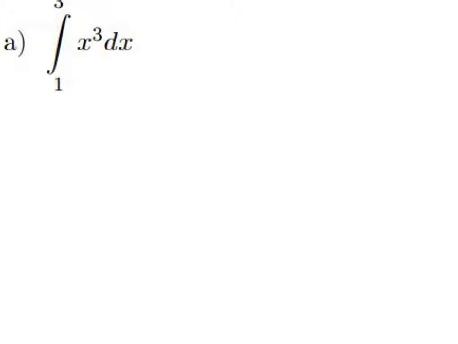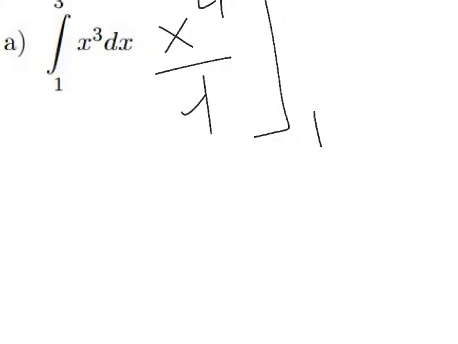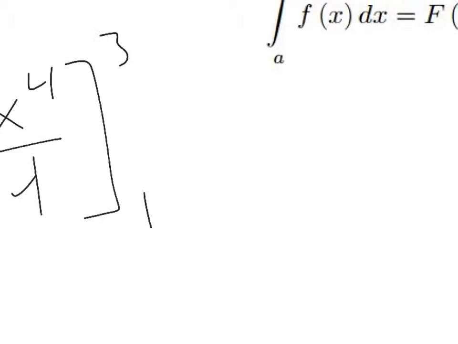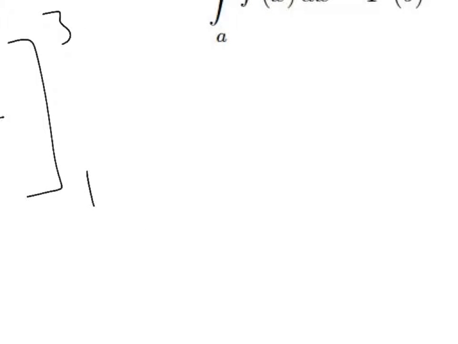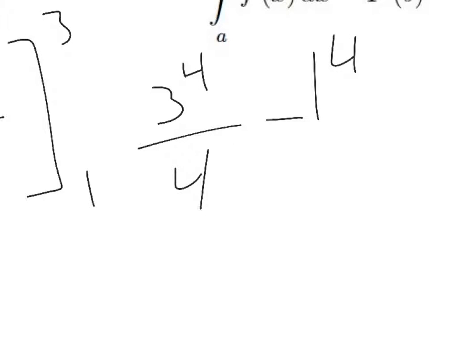Alright, so here we have a definite integral. So we get x to the fourth over 4 from 1 to 3. And move this over. So that would be 3 to the fourth over 4 minus 1 to the fourth over 4.